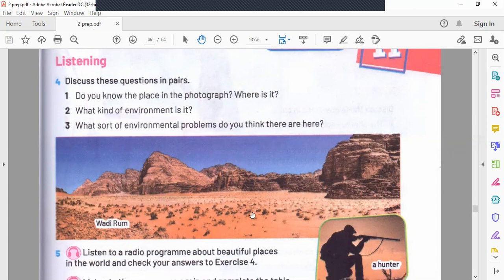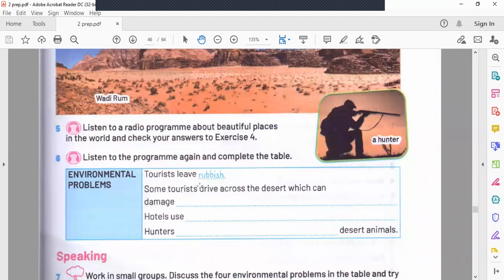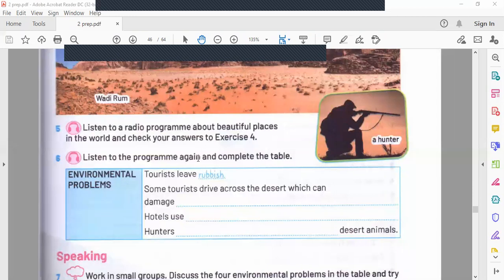Okay, let's shift to another part and complete. Tourists leave rubbish, environmental problems. Some tourists drive across the desert, which can damage what? We said plants and wildlife, of course. So let's write that answer. Damage plants and wildlife.